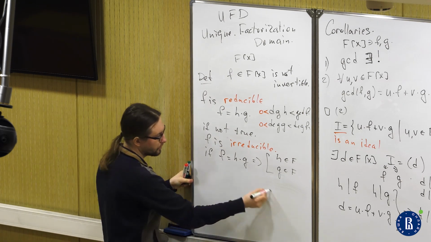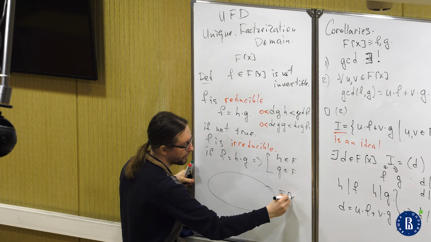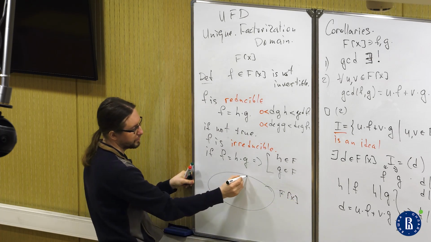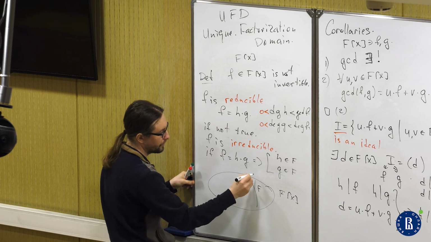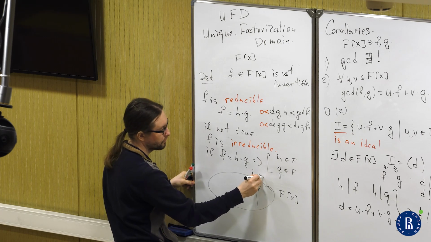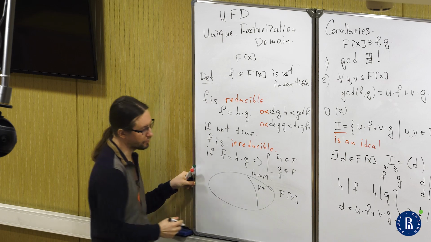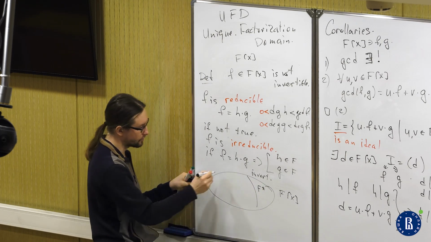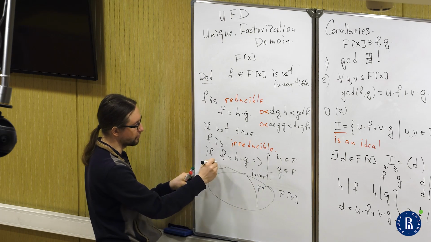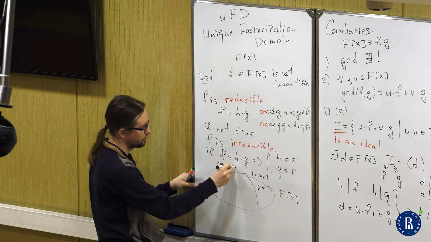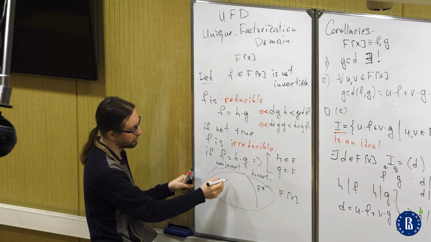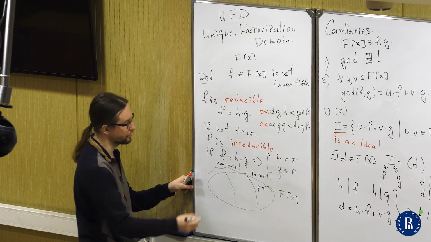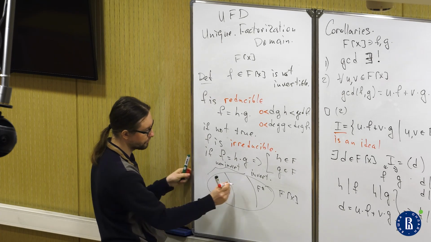If you take all the polynomials, f of x, then first of all, you split them into two parts. The first part is the set of invertible polynomials, which consists of non-zero constants, and then non-invertible polynomials. The non-invertible polynomials are split in two parts, reducible and irreducible.